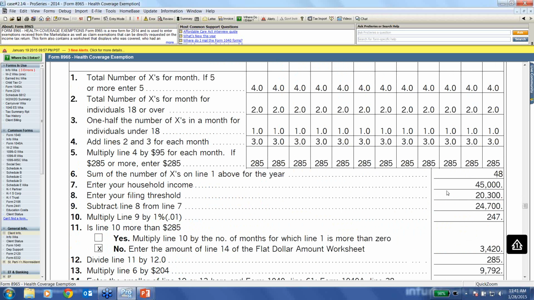Line 7, household income $45,000, less the threshold $20,300, nets out to be $24,700. Multiply that by 1%, and we have $247. Is line 10 more than $285? The answer is no. Enter the amount of line 14 from the flat dollar amount worksheet.